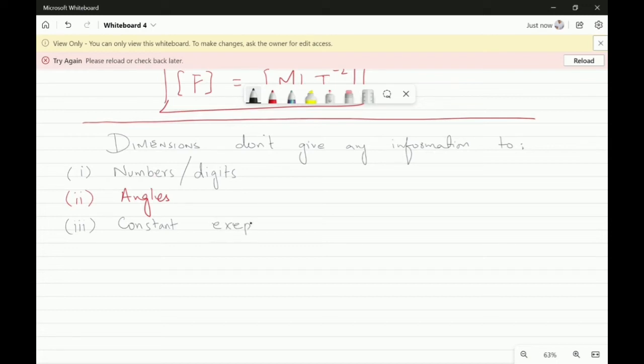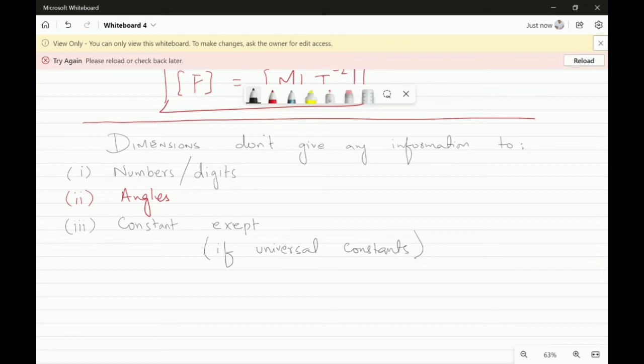Except, there is an exceptional case. If universal constants are there, then these must have dimensions because universal constants are expressed in units.